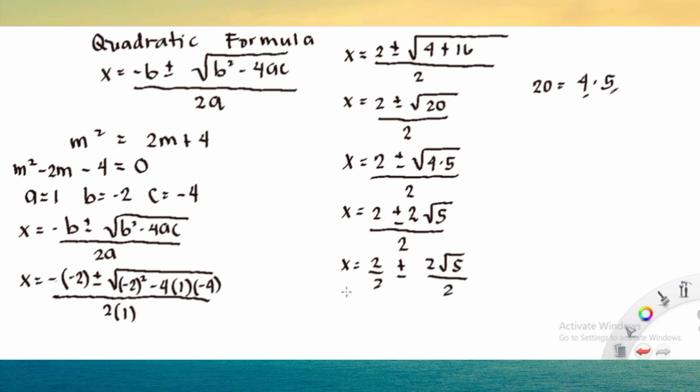Next, i-simplify. Ginawa natin to kasi para ma-simplify. So, we're gonna have 2 divided by 2 which is 1 and then plus minus 2 divided by 2 is 1 or just cancel this out. Matitira na lang ay square root of 5. So, we have here now x equals 1 plus minus the square root of 5.